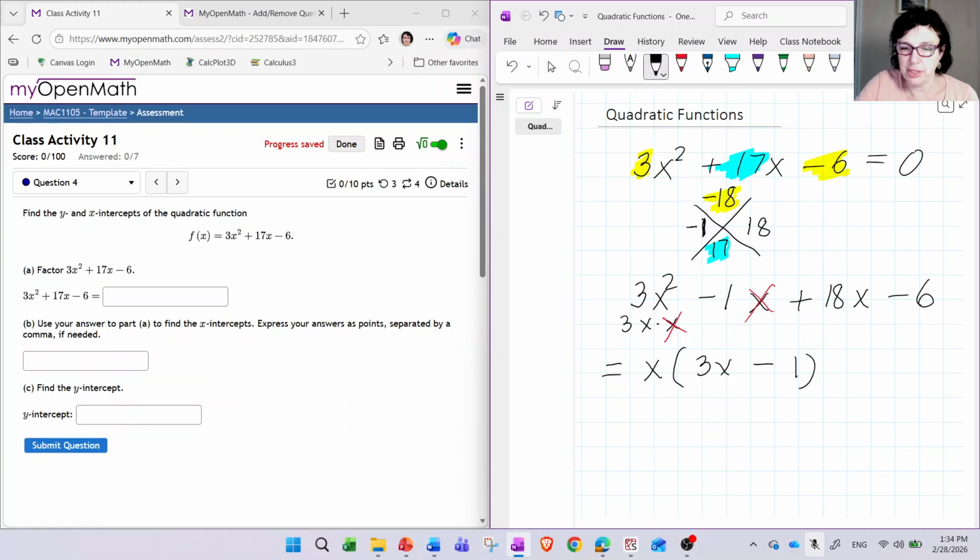Okay, next we are going to look at 18x and 6. Well, they do not share an x, but you can write 18 as 6 multiplied by 3, right? So 6 would be what's called the GCF, or the greatest common factor. And then we multiply this by what's left. So imagine that 6 is gone. And now we have 3x minus. Now, when you took 6 out, what's left?